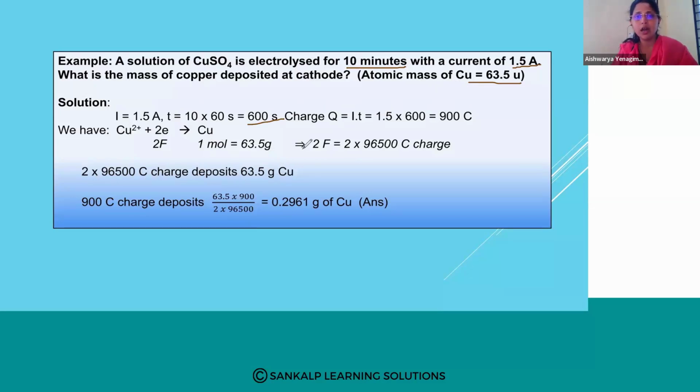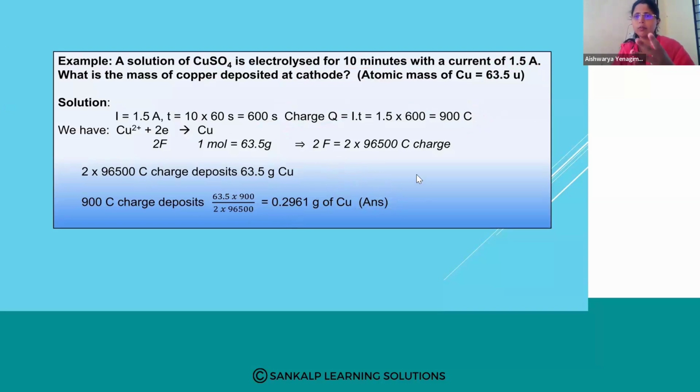But they have said here, how much is my charge? 900 coulombs of charge, how much mass is deposited? Substitute, solve, this much answer you will get. So the answer is 0.2961 grams of copper is deposited when you are passing a current of 1.5 ampere for 10 minutes. Clear with this?